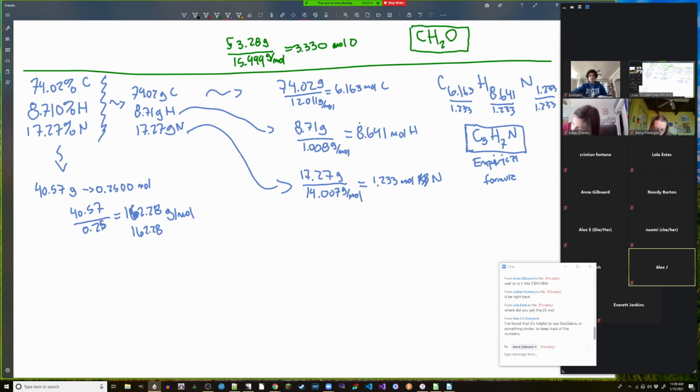Yeah, using GeoGebra to keep track of the numbers is a smart idea. I keep track of the numbers on my graphing calculator. Oh, you can't see me. Give me a second, I will switch myself back on. So I have a graphing calculator, right? I keep track of my numbers in here.